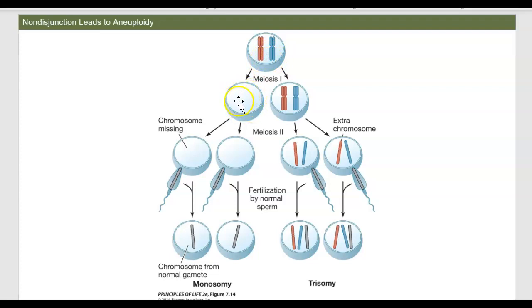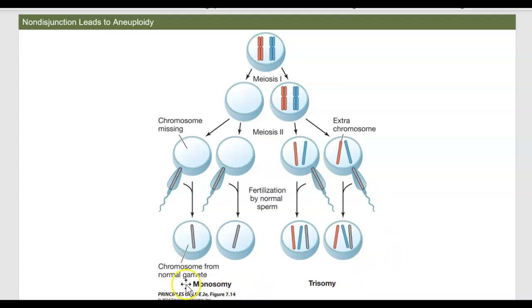So if this cell didn't receive any, and this got both of them by accident, then when that cell gets fertilized by the sperm here, then what you're going to end up with is just a single chromosome where you should have had a pair. And on the other side, when you didn't separate, you ended up with the pair plus the one from the sperm, so you end up with something called trisomy.